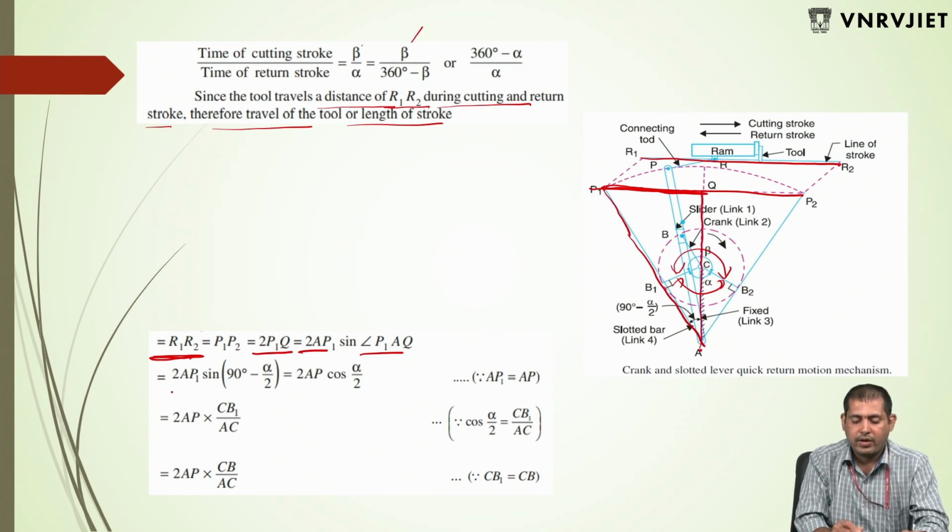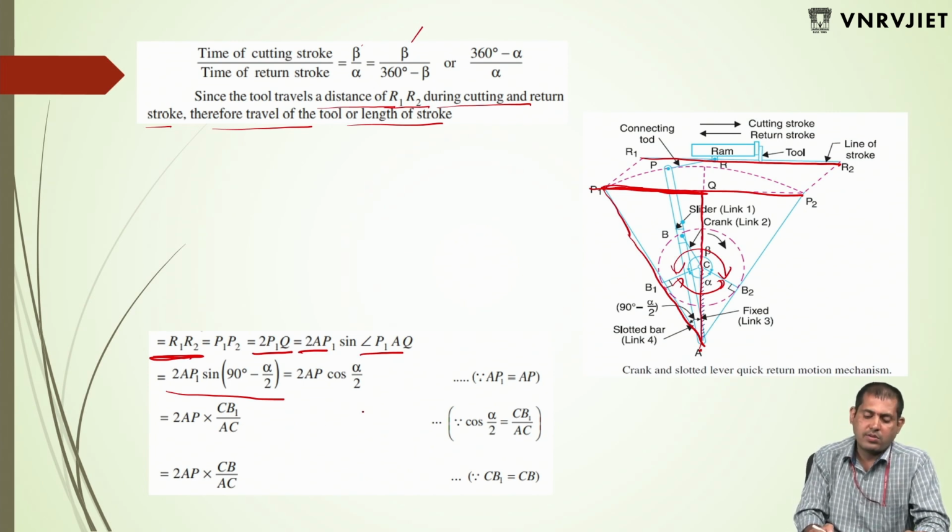Now the same we write as 2 AP1 sine of 90 degrees minus alpha by 2, which is equal to AP cos alpha by 2. Sine 90 degrees minus alpha by 2 is equal to cos alpha by 2. Finally we will get cos alpha by 2 is equal to CB1 by AC.